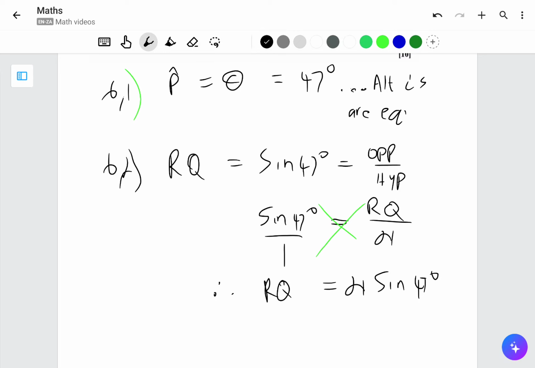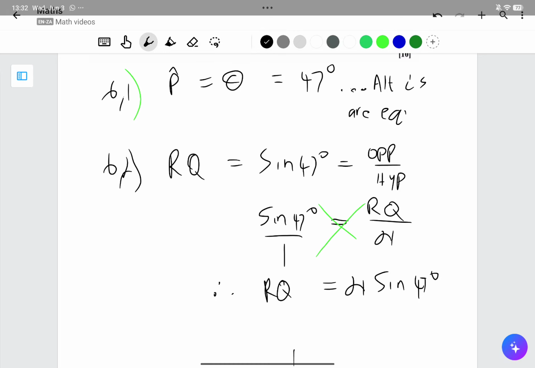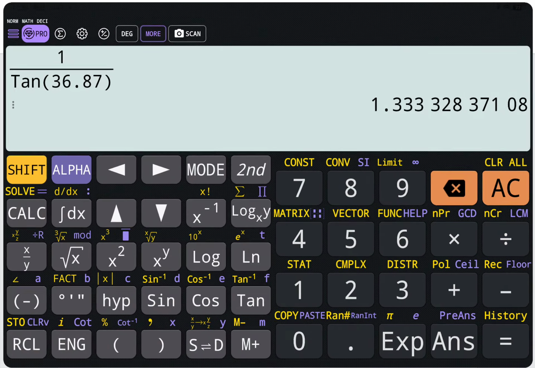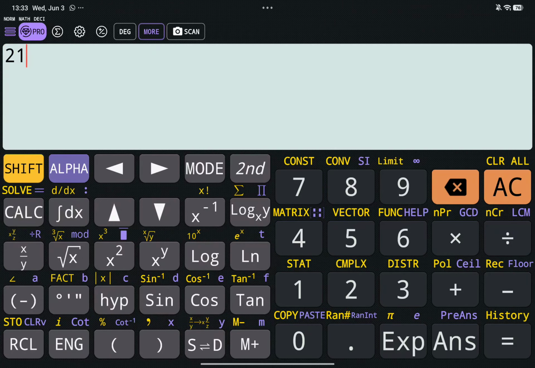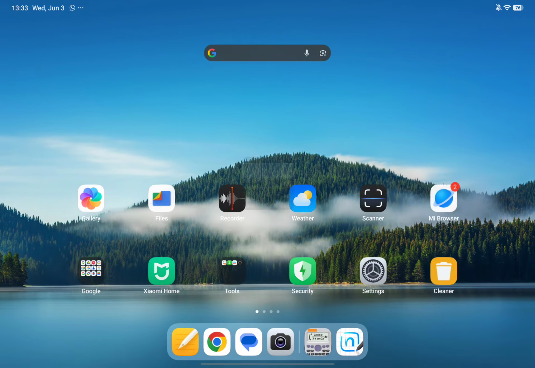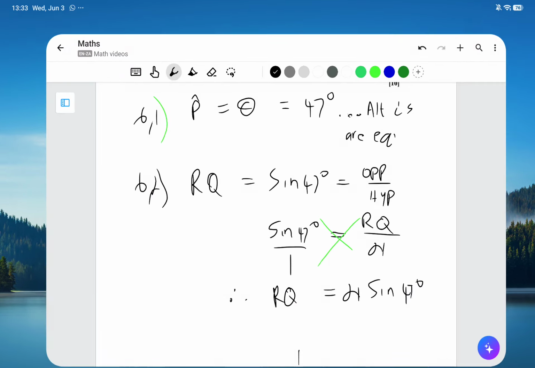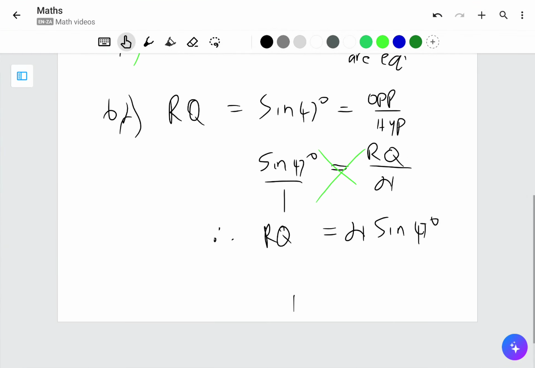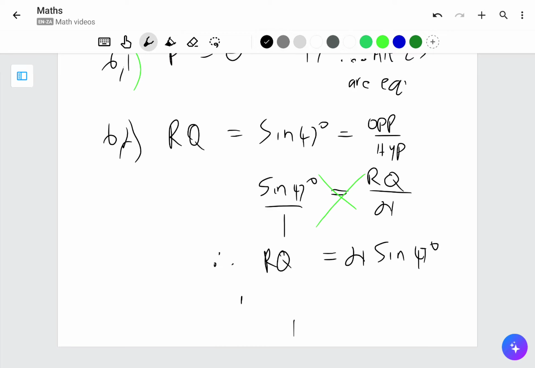Then we can head over to our calculator and punch in 21 sine 47 degrees, and you can see that RQ is equal to 15.36. So RQ equals 15.36, rounded off to 2 decimal places.